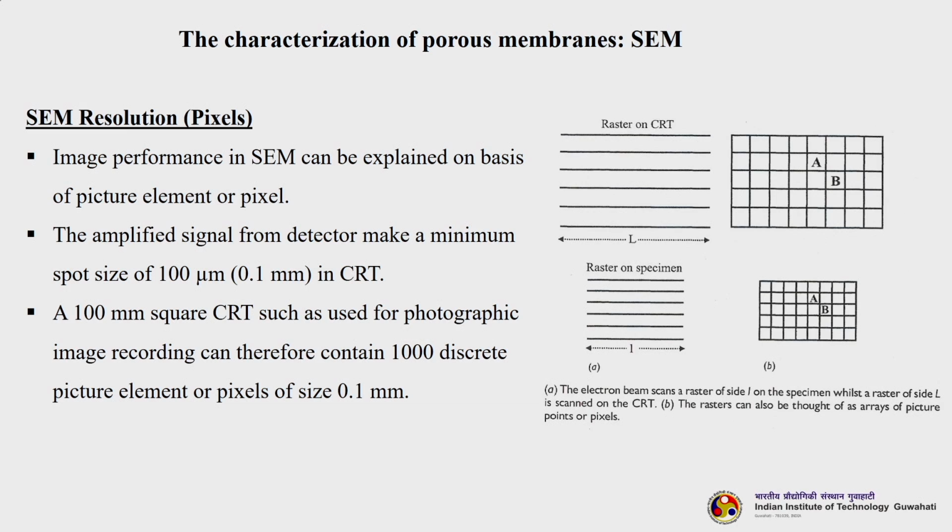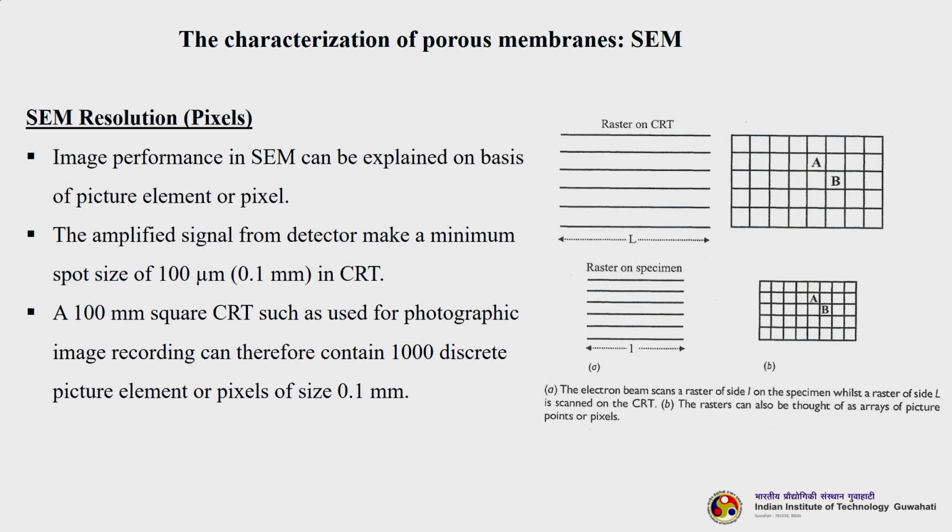SEM resolution and pixels. Image performance in SEM can be explained on the basis of the picture element, or pixel. Please see this particular figure. The amplified signal from the detector makes a minimum spot size of 100 micron on the CRT, and a 100 mm square CRT, such as used in photographic image recording, can therefore contain 1000 discrete picture elements, or pixels, of size 0.1 mm.